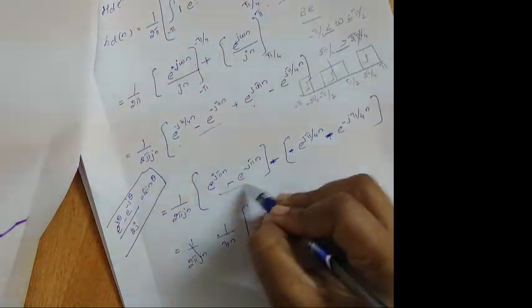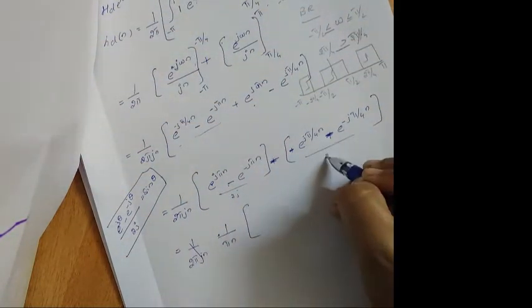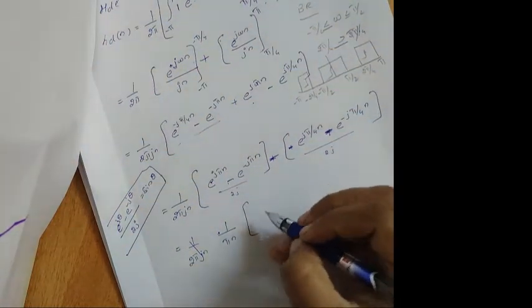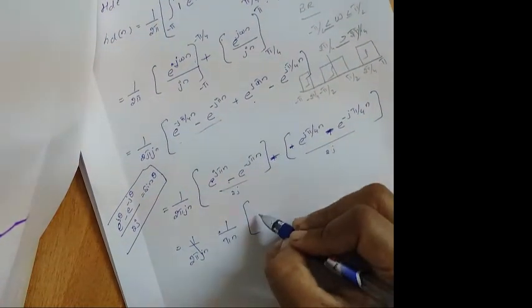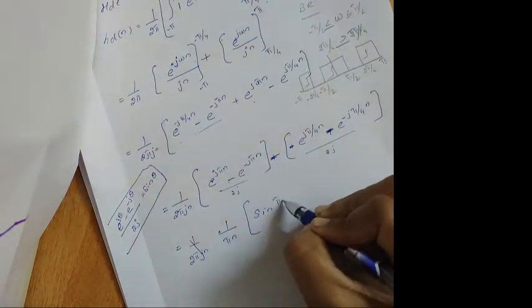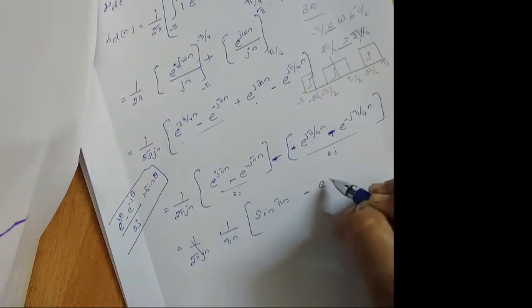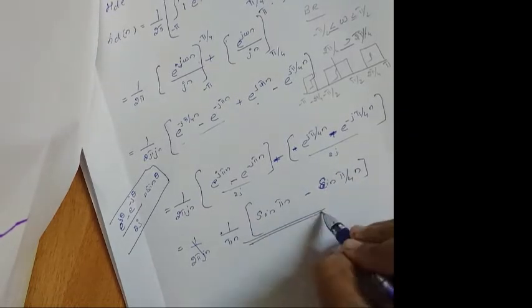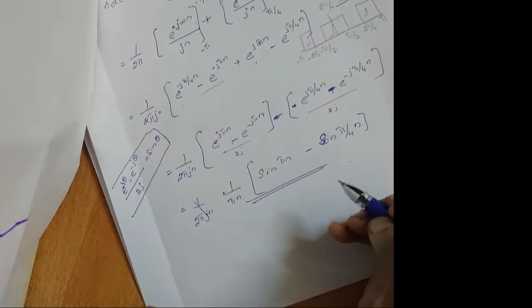If you are giving 2j over here and here also 2j, you are taking minus outside, you will get e raised to j theta, so sin pi n minus, sorry, sin pi by 4 n. So, okay, this is the first equation that you are getting.